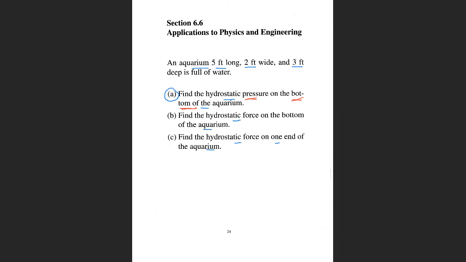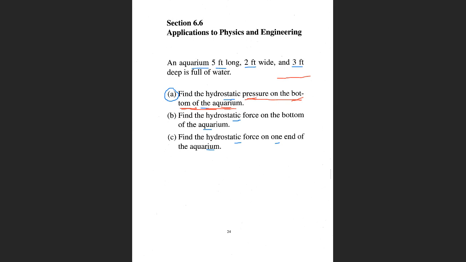So I want to mention that for the hydrostatic pressure, what do you think the unit should be if we're talking about pressure on the bottom of the aquarium? I'll give you a hint.